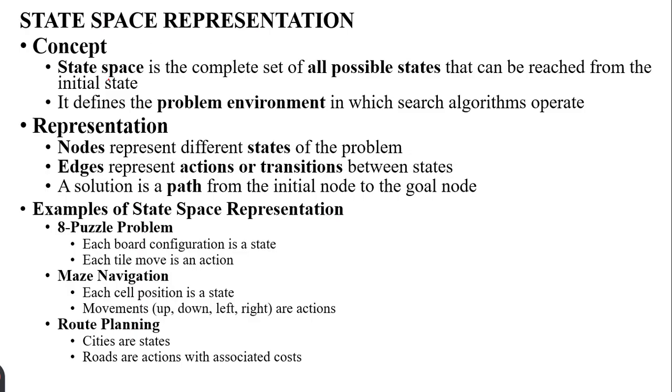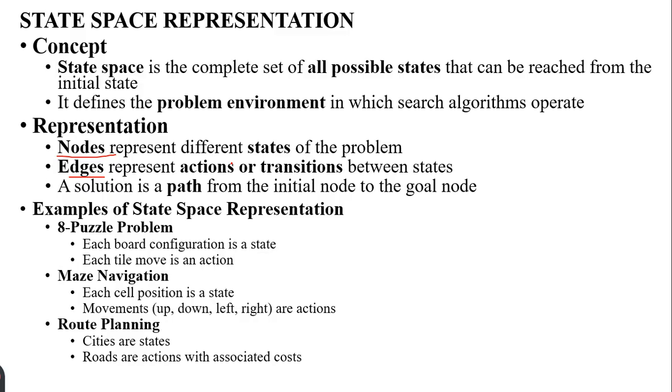The concept called state space is the complete set of all possible states that can be reached from the initial state. It defines the problem environment in which the search algorithms operate. For representation, we have nodes and edges, like a tree and graph. A node represents a state of the problem. An edge represents the actions or transitions between states.